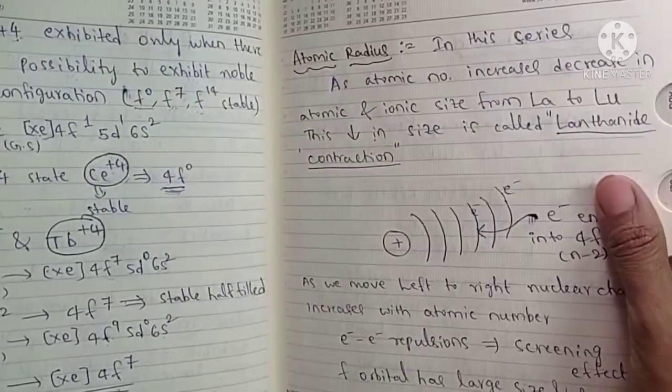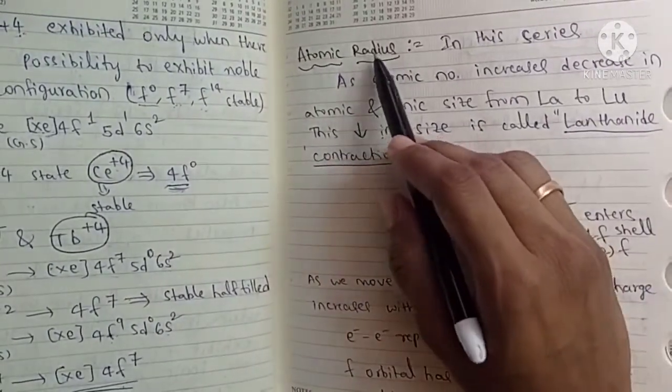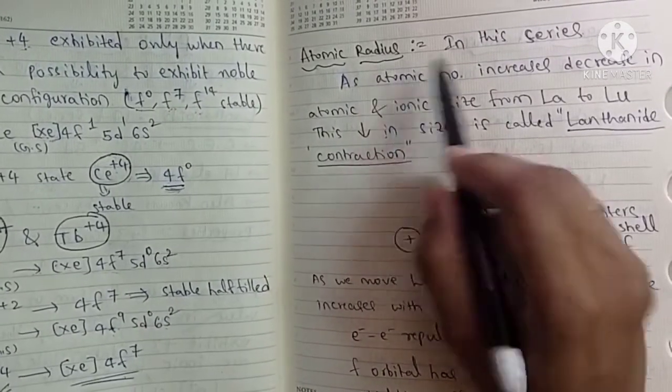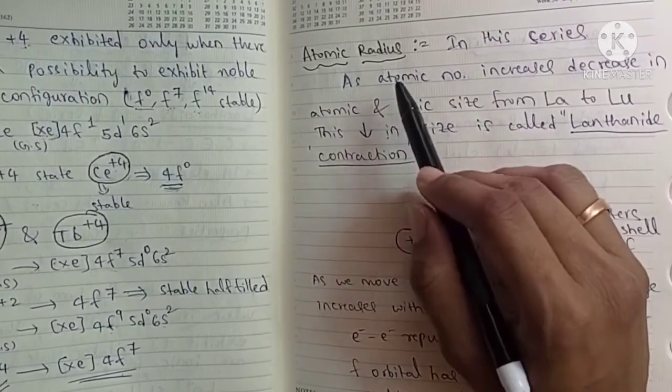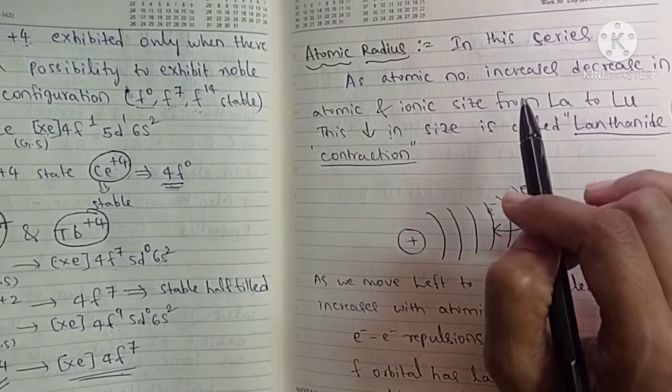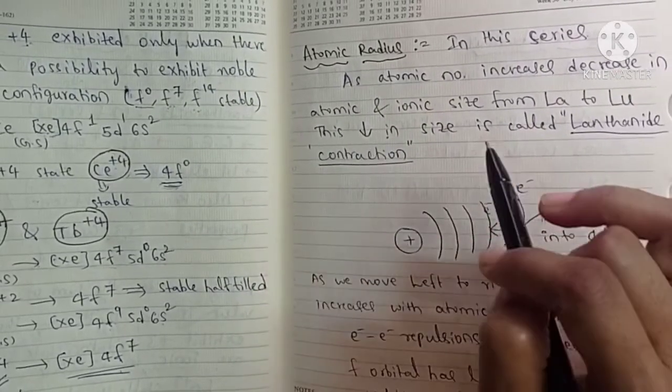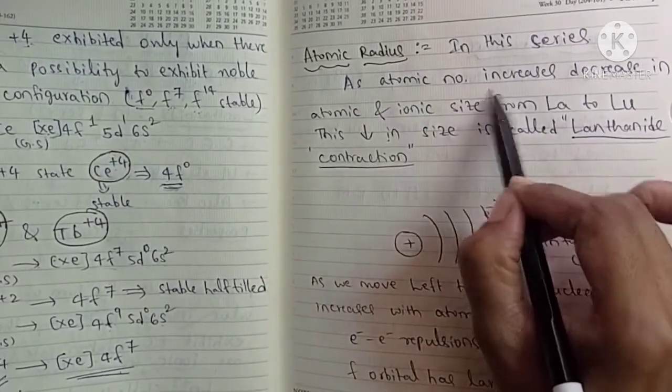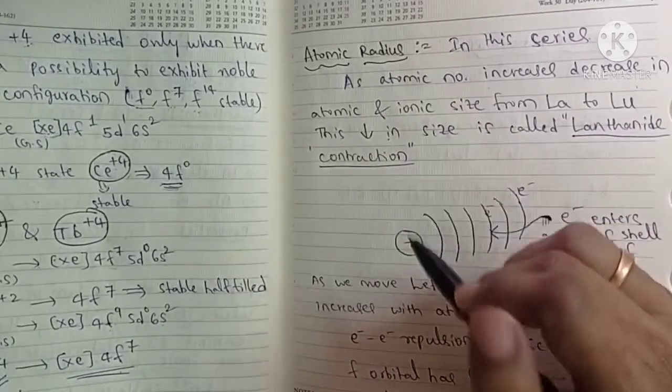So let us see atomic radius. The next property is atomic radius. In this series, as we move from left to right, from cerium to lutetium, as atomic number increases, there is a decrease in size.